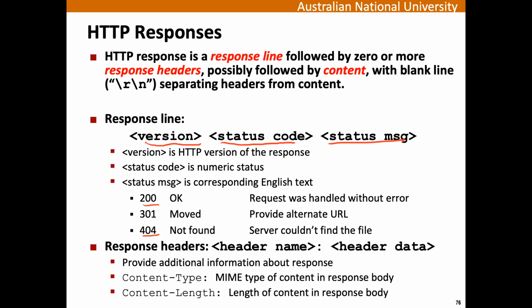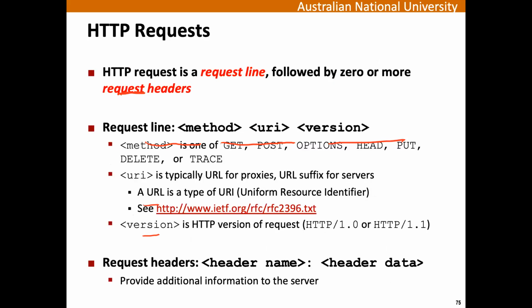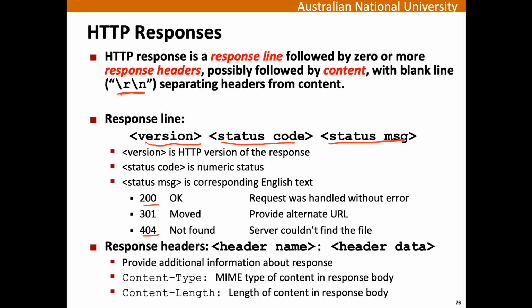For a blank line, historically, they use the carriage return and line feed. I don't know why they decided that, but this is the convention. And when you send requests, you also need to send a carriage return and a line feed to end the line. Okay, we'll do that in a little bit with Telnet.